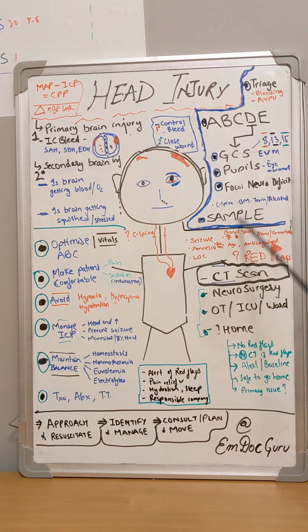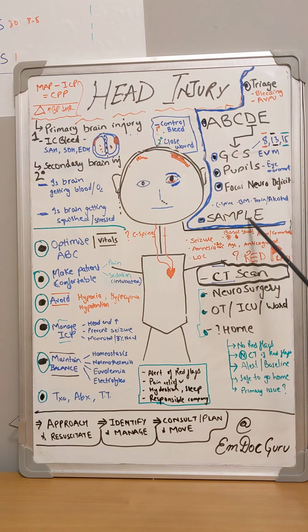Then A, document any allergies, their current medications, and an important consideration of any anticoagulants or blood thinners here. Then P, their past medical history, if they've had any significant comorbidities, any bleeding disorders or previous neurosurgeries.